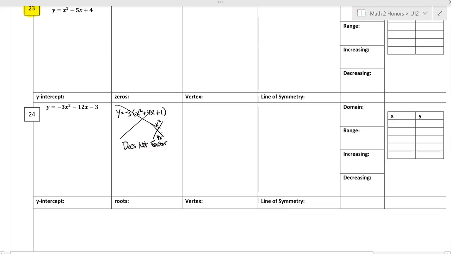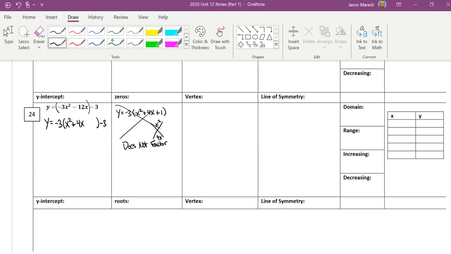Got to use completing the square. So first step, parentheses around your quadratic term and your linear term, the terms with the x squared and the x. Second step, factor out a from the parentheses. So factor out a negative 3. Third step, find out what negative b over 2a is.